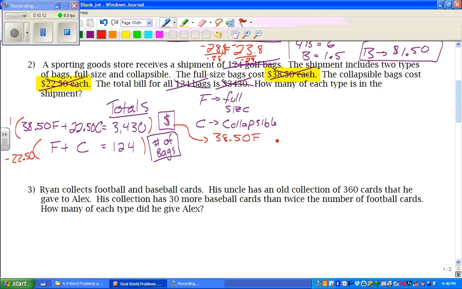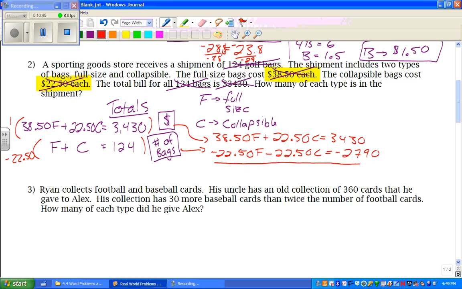38.50F plus 22.50C equals $3,430. That second equation will be negative 22.50F minus 22.50C equals, I have to figure this out, 124 times negative 22.50 gives you negative $2,790.